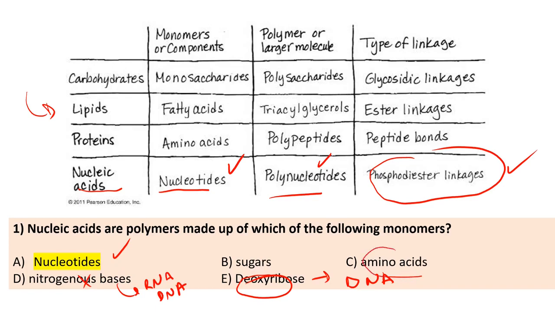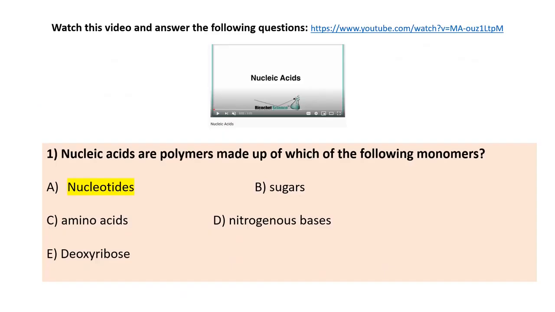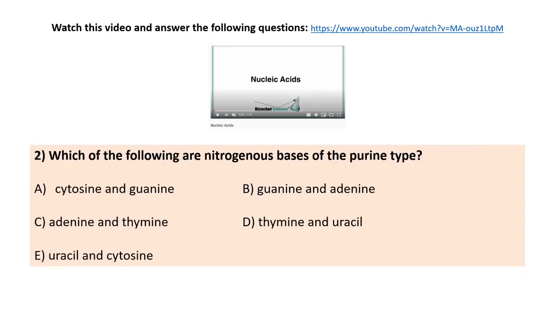An amino acid is the monomer, but for proteins, so this is wrong. And sugars is just a very general name to describe carbohydrates, so this one is also wrong. So super easy, the answer will be nucleotides.